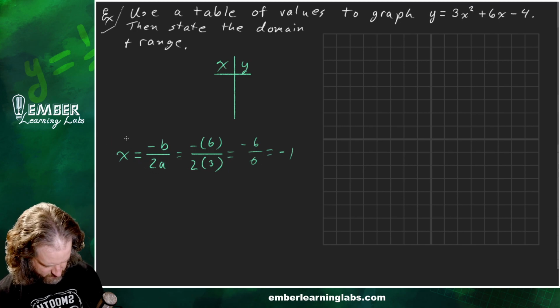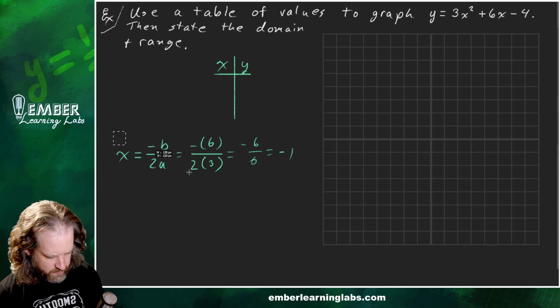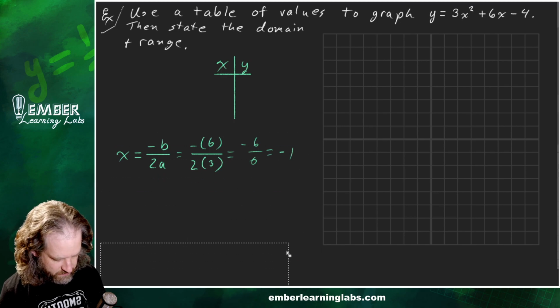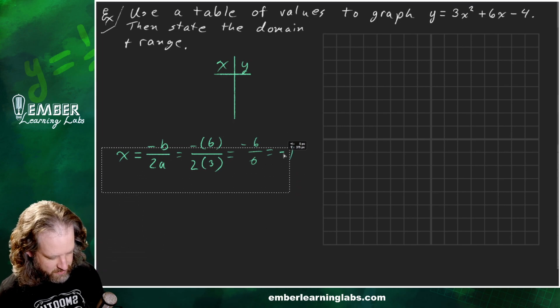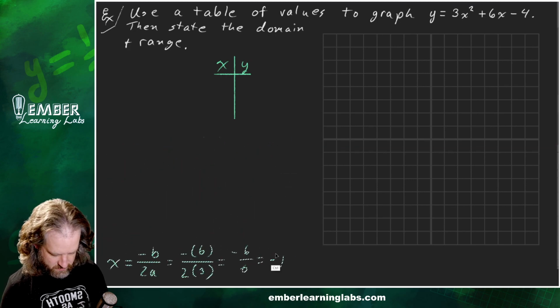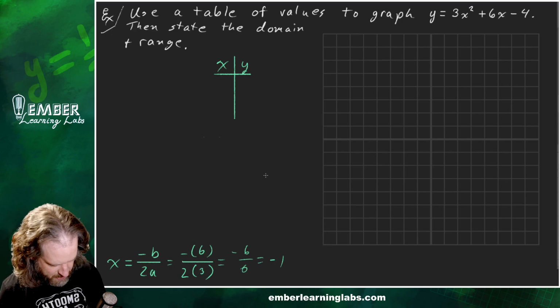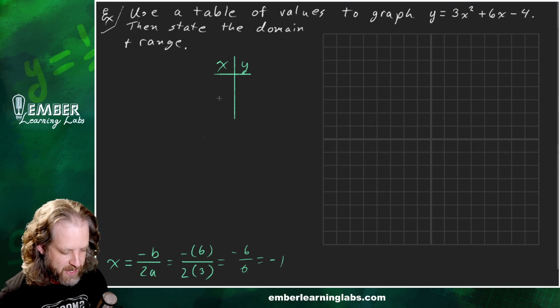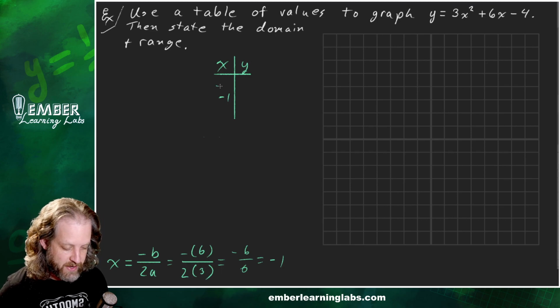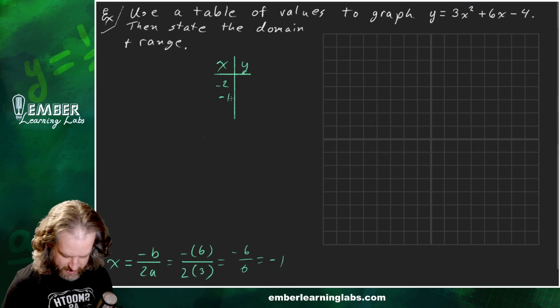I'm going to move this over. I'm actually just going to shove it down here. So our middle of our table is going to be negative 1, and whatever y. I'm going to pick some other numbers around that. Negative 2 would be around that.